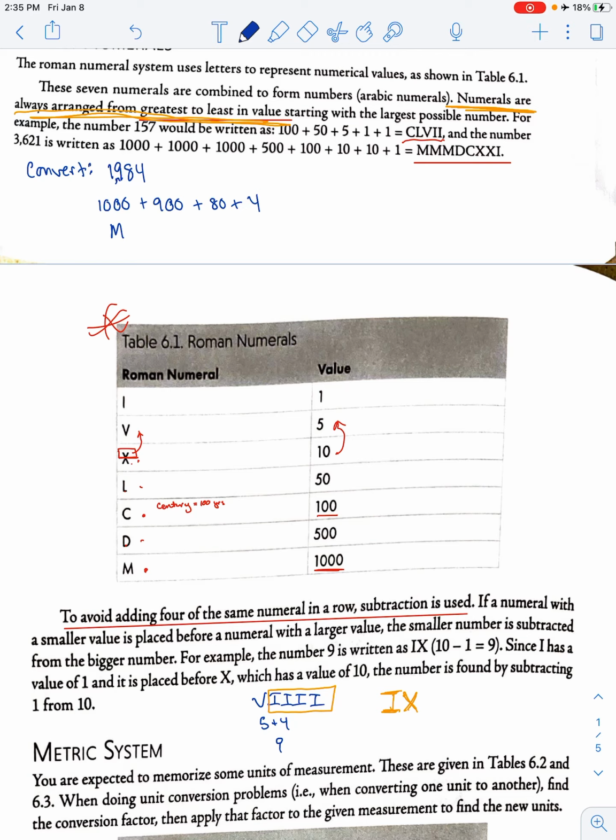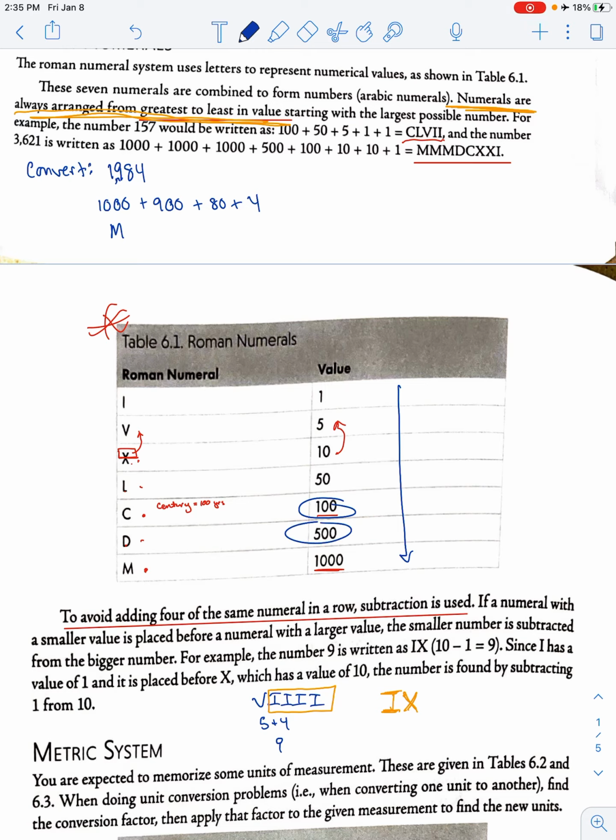900 could be C, C, C, C, C, C, C, C, C. So we could write C 9 times, but is 100 the largest of our units here? When we look at our units, is 100 the largest number that will go into 900? No, we can break 900 down using a 500.